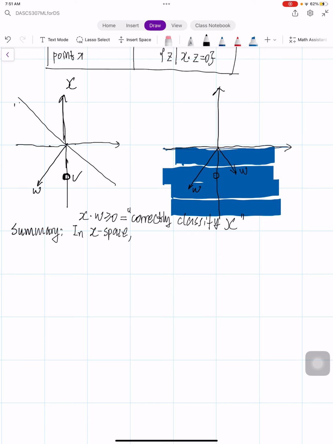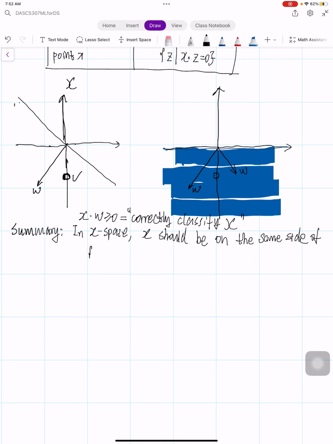In x space, x should be on the same side of this decision boundary.